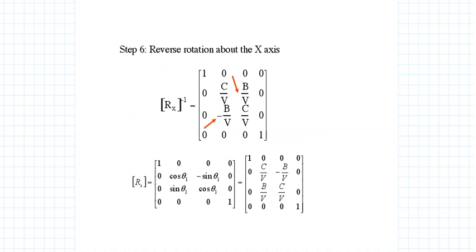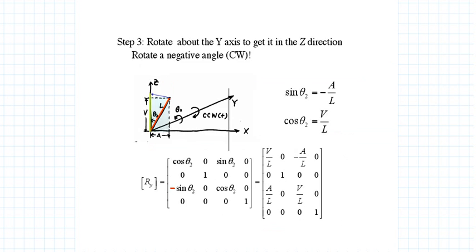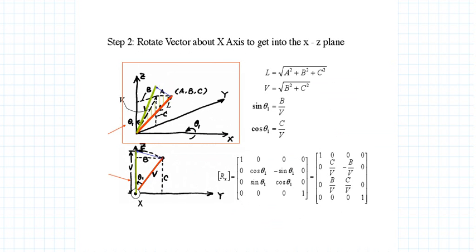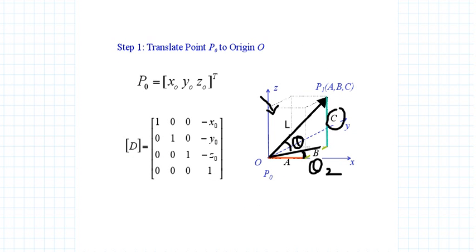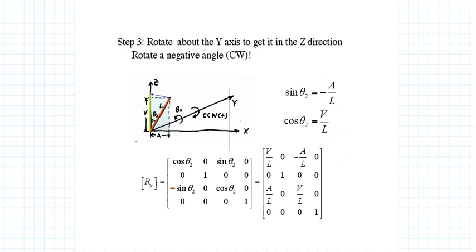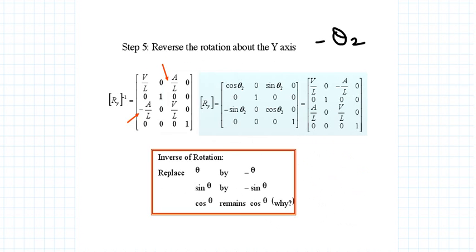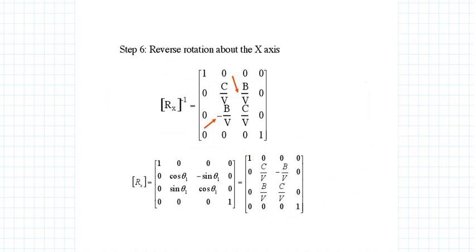Then you need to rotate everything so that you get to the position at which you arrived after translation, so that your arbitrary axis passes through the origin. In this case, your angle of rotation should be minus theta 1.